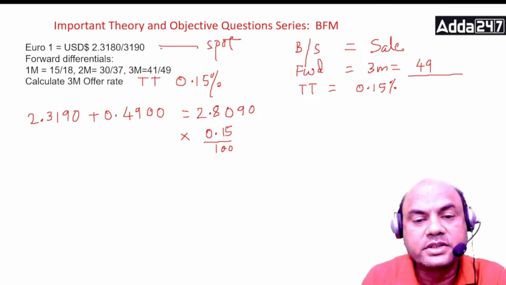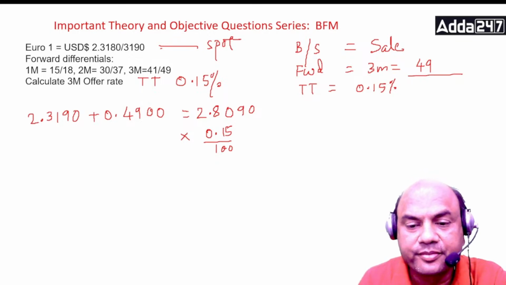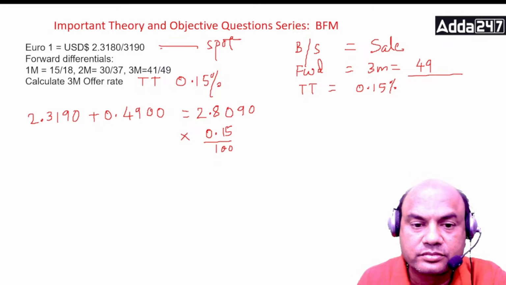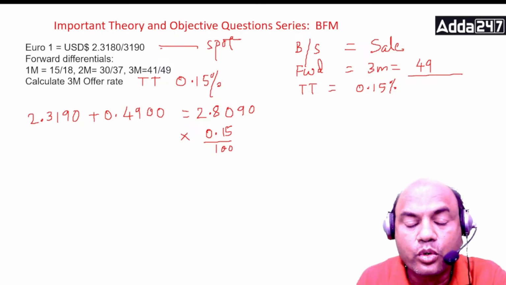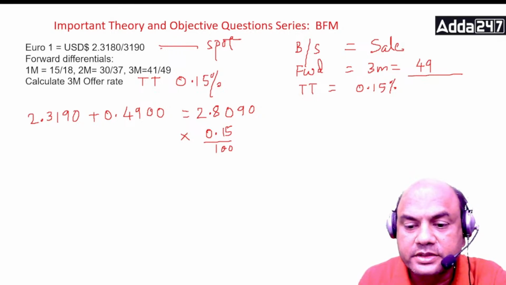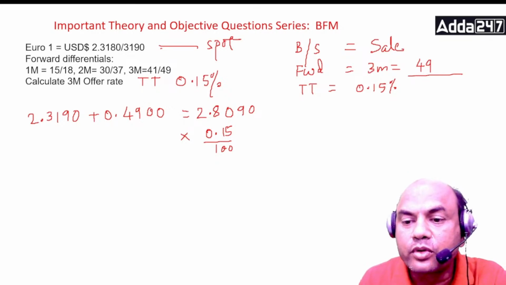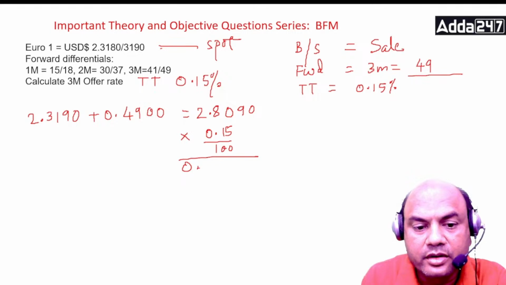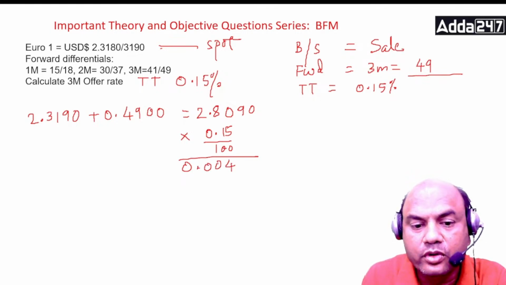Let me also try. 2.8090 into 0.0015, so it is 0.0042.